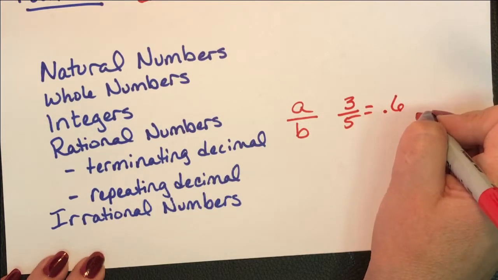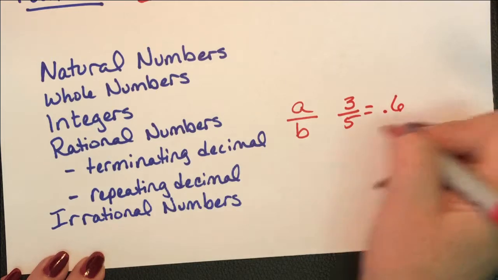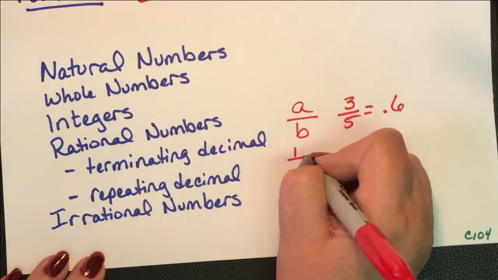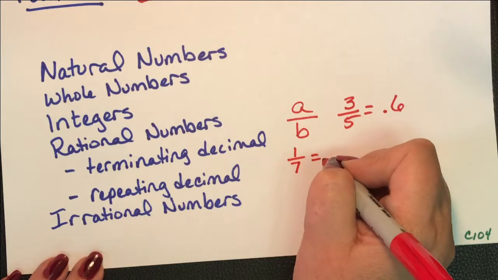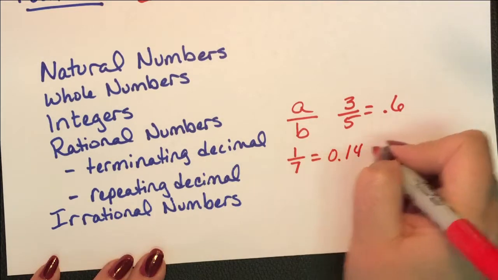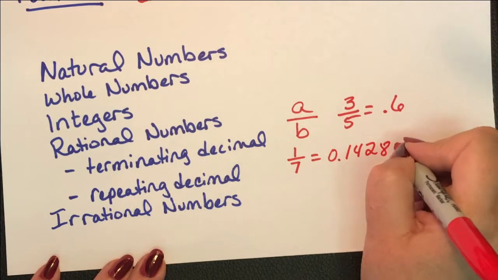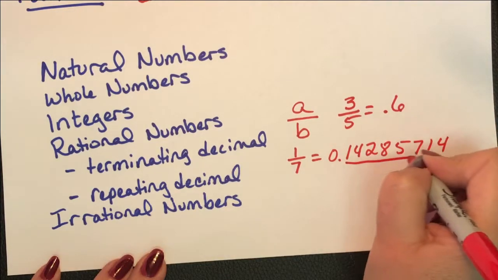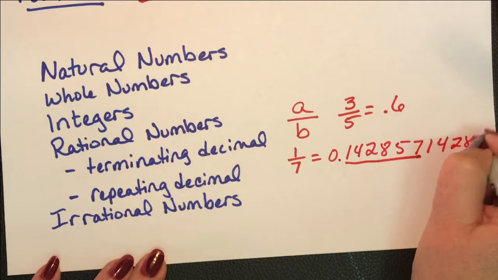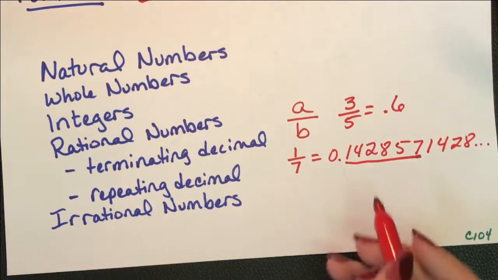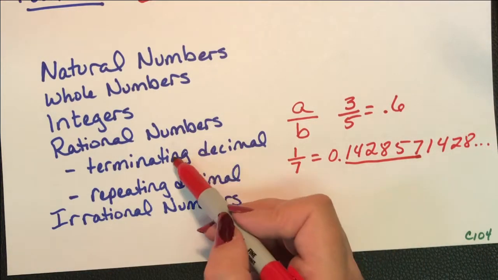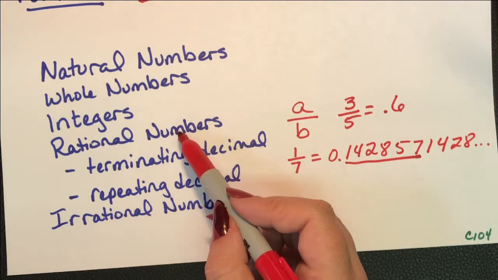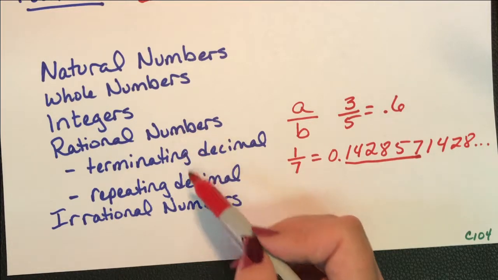That's a terminating decimal. Or a repeating decimal. 1/7 is 0.142857 142857, and it repeats that. So terminating decimals and repeating decimals are both considered rational numbers.